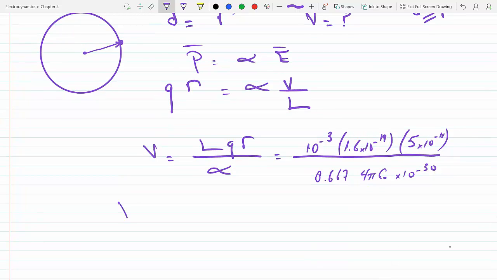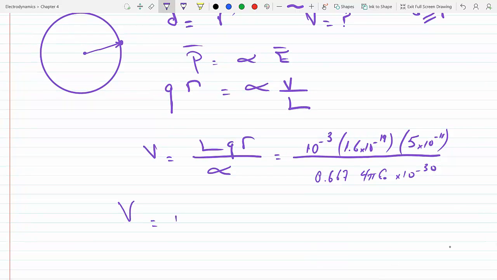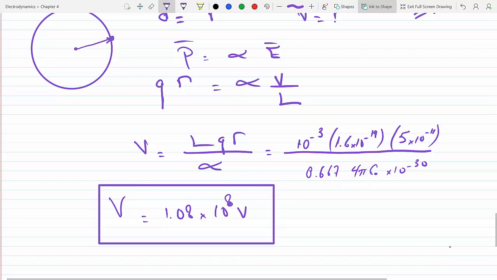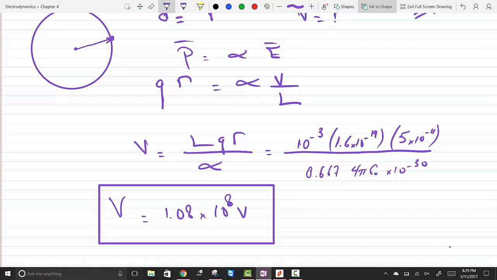Plugging this in, we need a voltage of about 1.08 times 10 to the 8 volts to ionize it. This is the voltage needed to ionize the hydrogen atom. That concludes this problem.